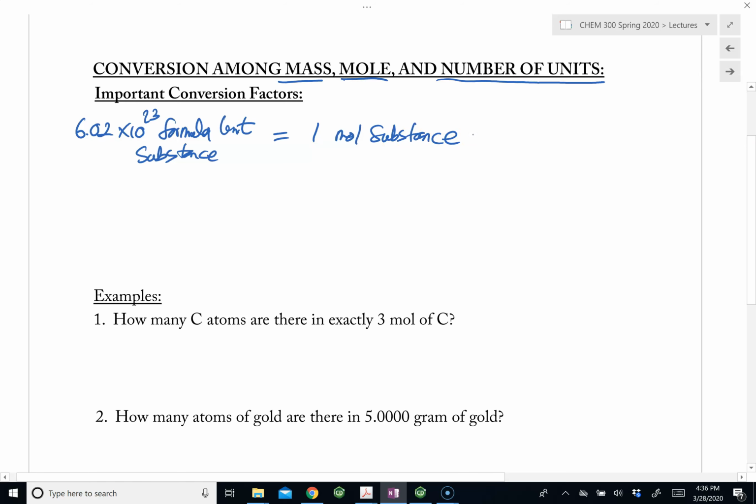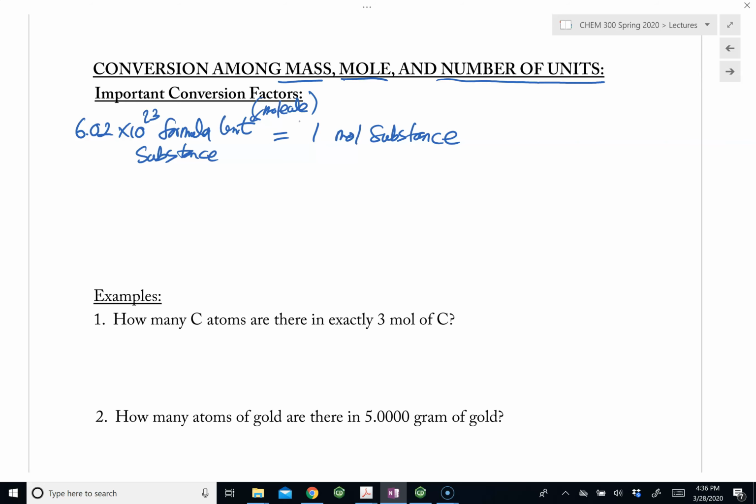So we have 1 mole of a substance, we have 6.022 times 10 to the 23rd formula units. We can use the word formula unit, or we can use molecule for a molecular compound, and that implies the same thing. Sometimes we use 6.022, sometimes we use 6.02, depending on how many digits we want to carry over.